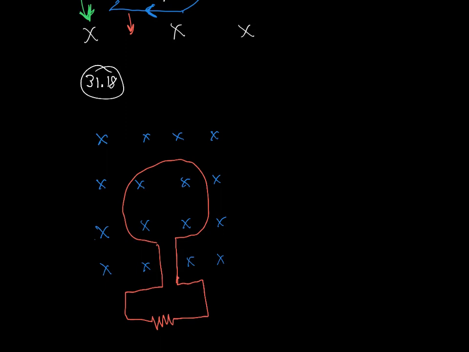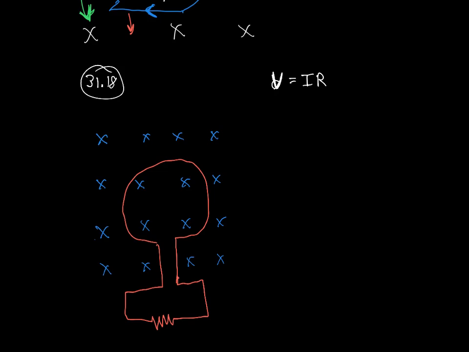Magnitude and direction of the current inside of this resistor. So to figure out the current in here, I need to use Ohm's law. Ohm's law tells us V is equal to I times R. And what I'm doing in this example is I'm squeezing this loop to change the area.